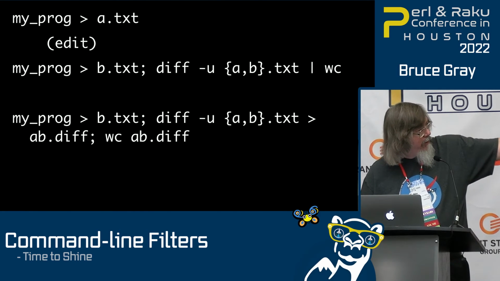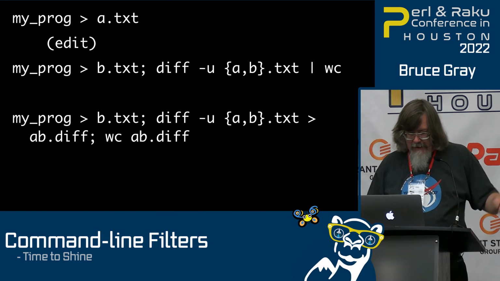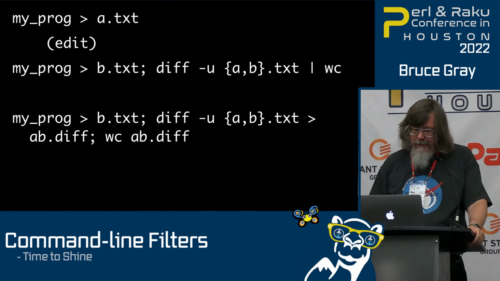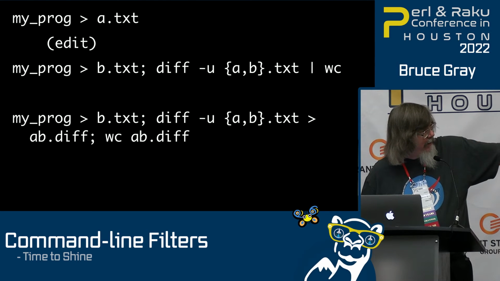Like curly a comma b curly dot text is a Unix way of saying a.text space b.text, a shortcut. I didn't spot that. Okay. It's a great shortcut though. Works in Mac too. So we're going into ab.diff and we're running word count on that.